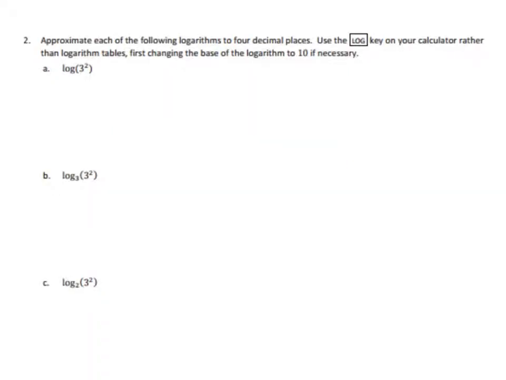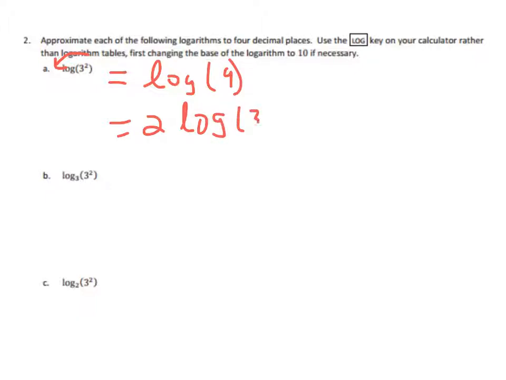All right, our next part says to find the log to 4 decimal places. Use the log key on your calculator. So I could do log of 3 squared. I also could do it as log of what is 3 squared? 9. Or I could take the 2 and put it out in front, and do 2 times the log of 3.